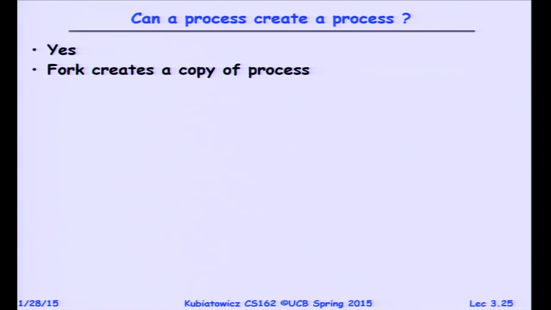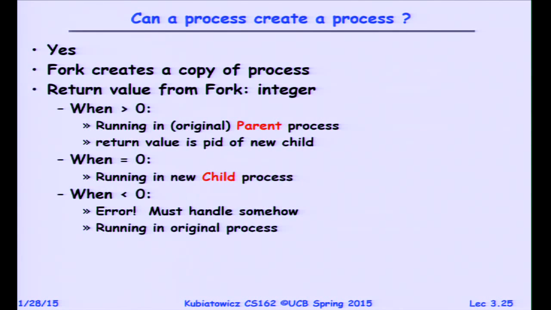Okay, the ID has to be different. So the one thing that's different is certainly the ID. And actually, the fork system call, I'll show you some code in a moment, has a return value. What's interesting is the value that comes back from fork is either greater than 0, in which case you're running in the parent, and that new ID is the PID of the new child.